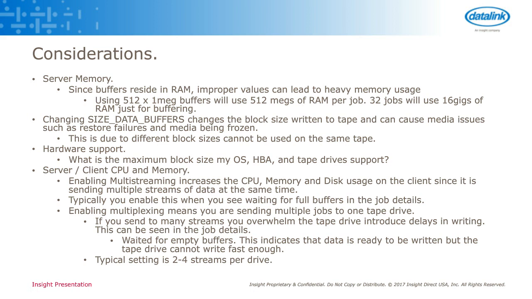For example, if you have an older Windows 2003 client and you try to send 32 streams of data off of a client, that's a significant load on what might be an older piece of hardware with an older operating system. That's a significant amount of resources, and that may make the server not be able to serve files or whatever its main role is. So this is a consideration you'll want to take into account.